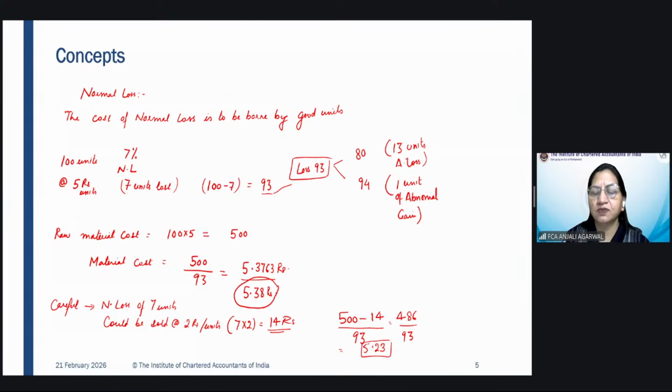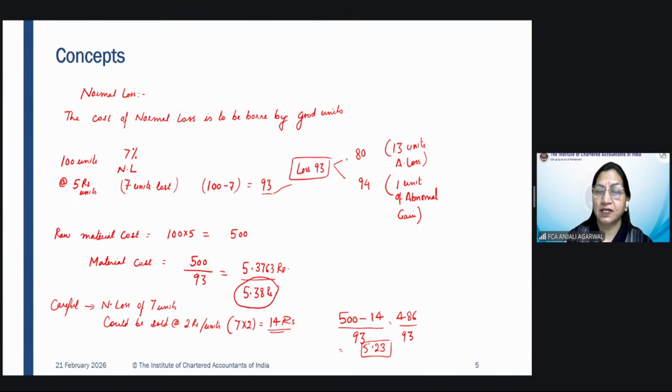I did not assume the 13 units to be the closing stock of output, which is left lying within process one. So process one does not have a warehouse where it keeps the finished units. It simply moves the entire output to the next process. Therefore, where have these 13 units gone? They must have been lost in the process, which is not something normal, so they become abnormal.